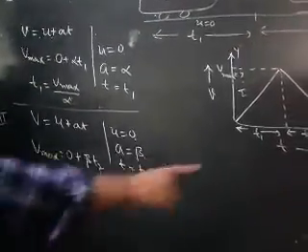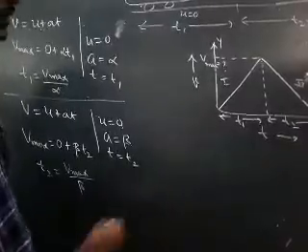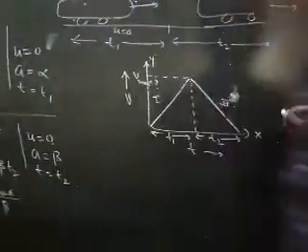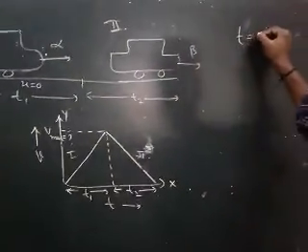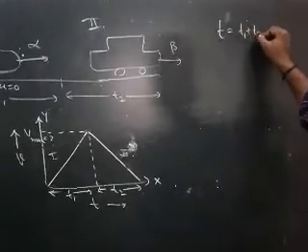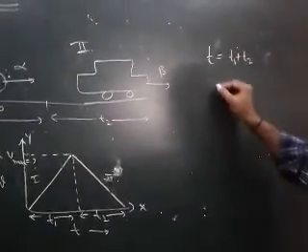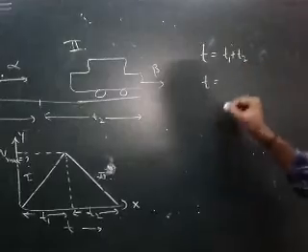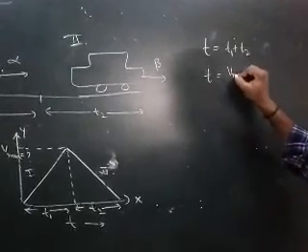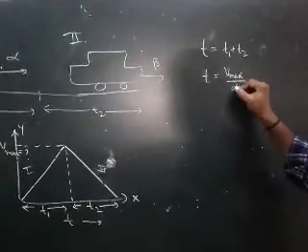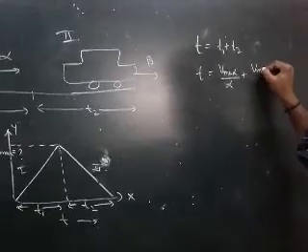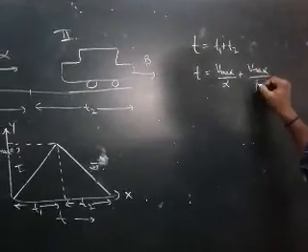Then the total time elapsed during this process is T equal to t1 plus t2. T is equal to v maximum by alpha plus v maximum by beta.